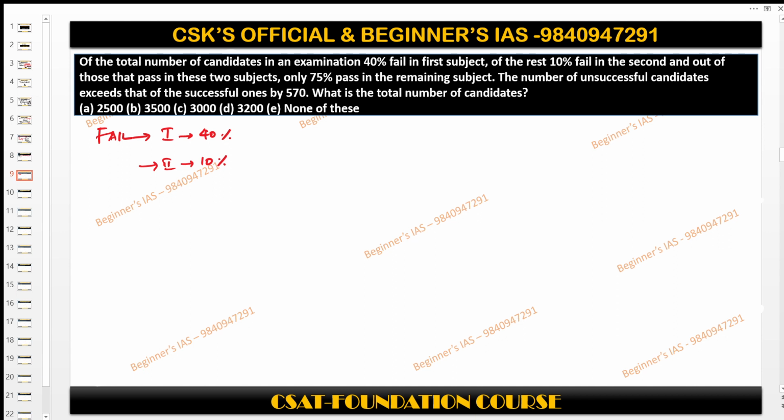Another answer, 4750. No, 4750 is not correct either.